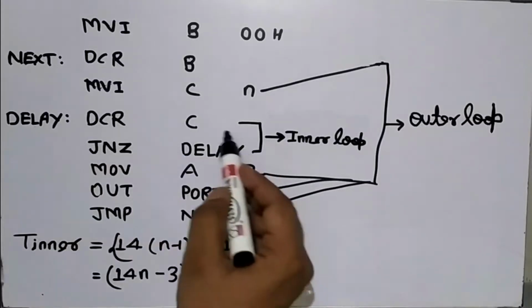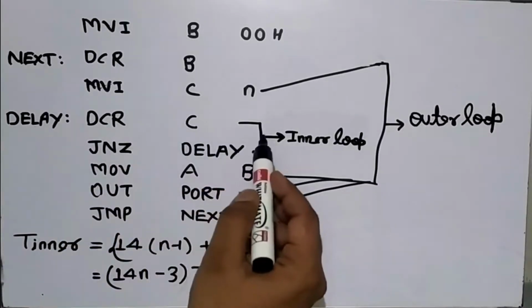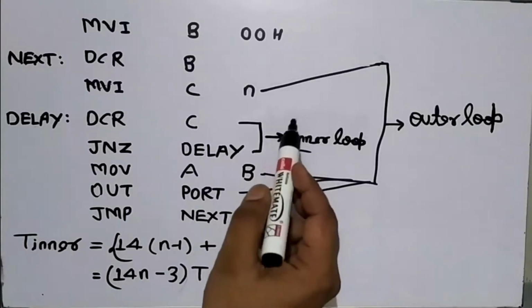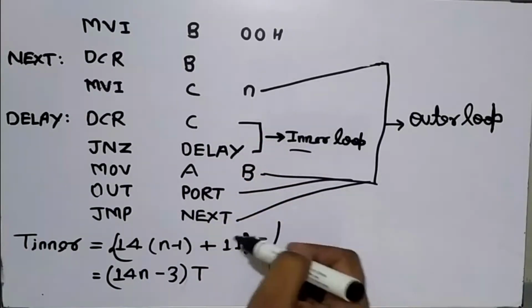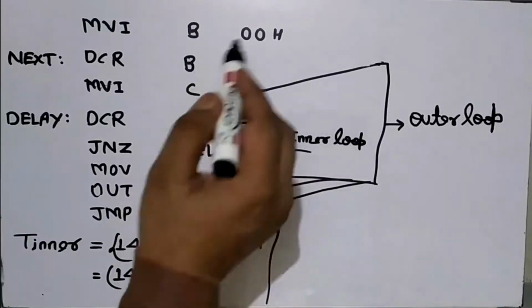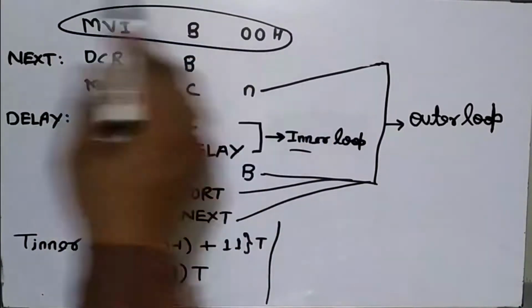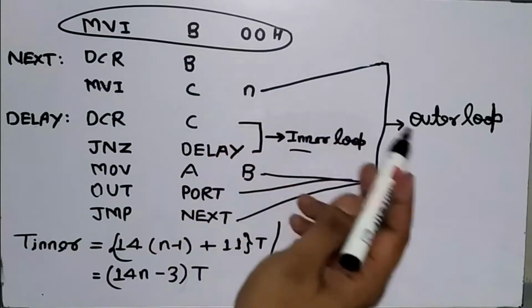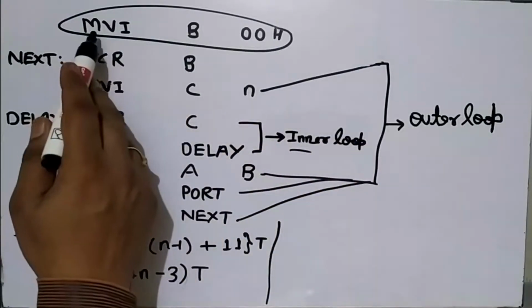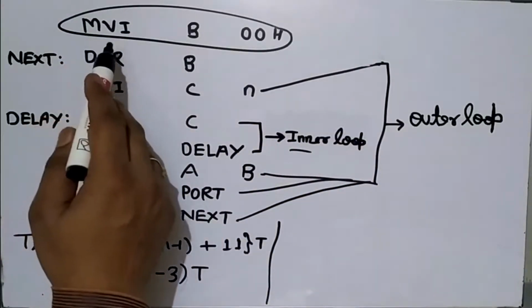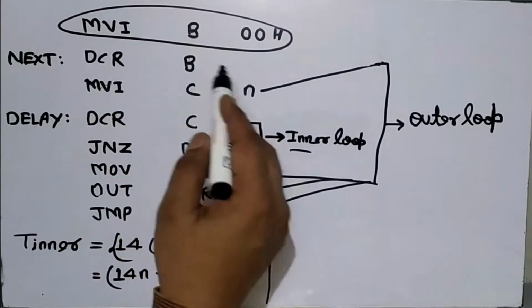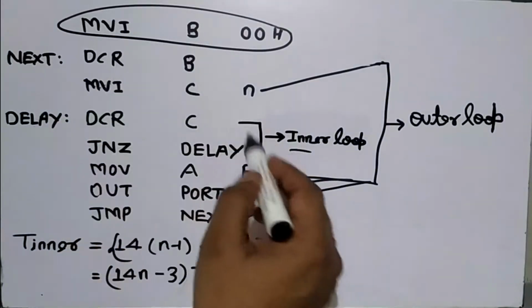These two instructions are the part of the inner loop, and the remaining part of this program is the outer loop. This instruction will not be part of the outer loop, because it will execute only one time.